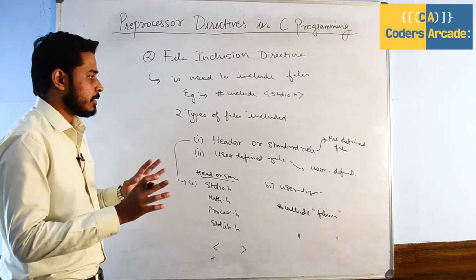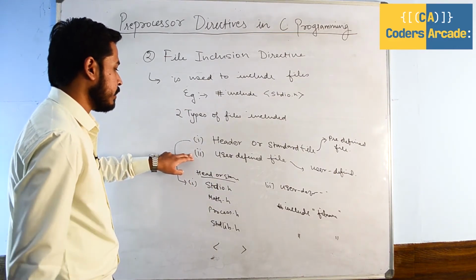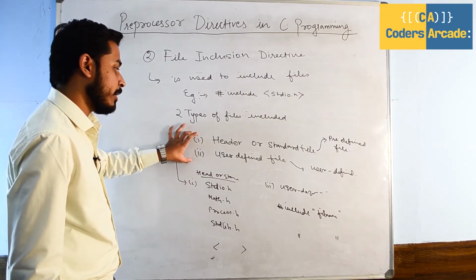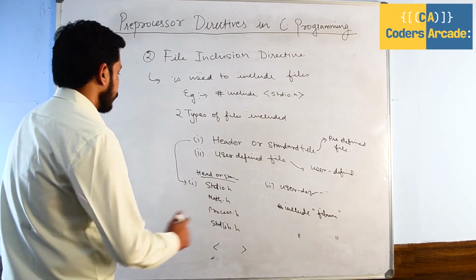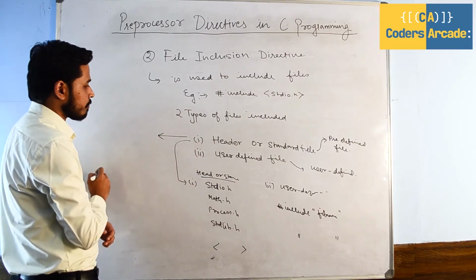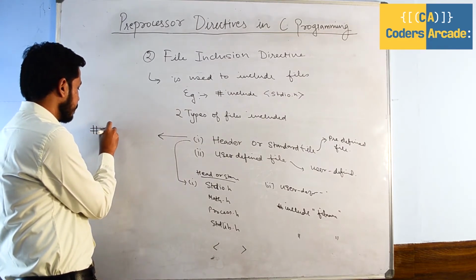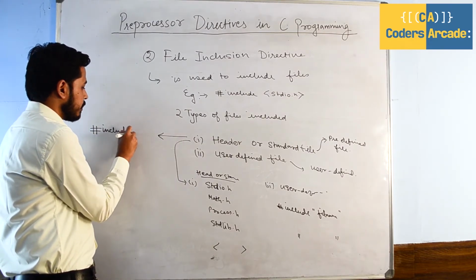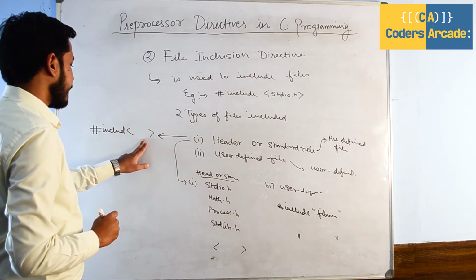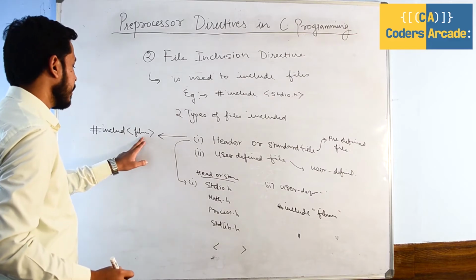So now let's see the different syntax for writing header files and user defined files. So including header files and user defined files. Generally the syntax for including a header file is #include, and inside arrow brackets your file name will be present.